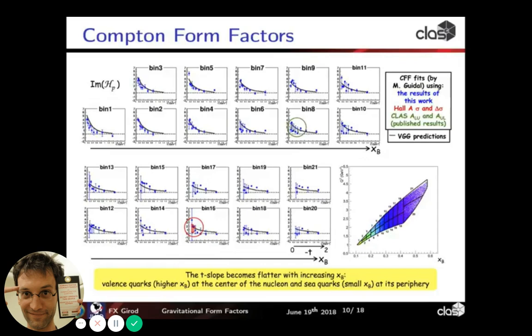And this is interpreted now. If you make the Fourier transform, it means that the partons at high x are located in the center of the nucleon. Or in other words, the partons at small x, or the sea quarks, are located at the periphery of the nucleon.